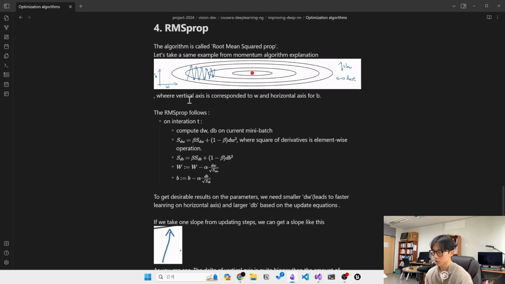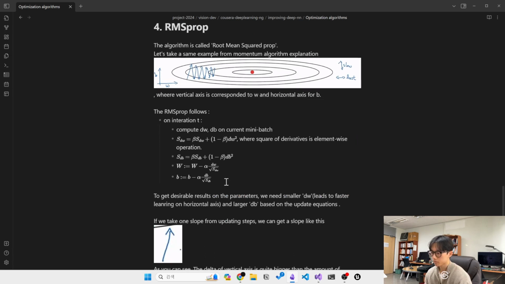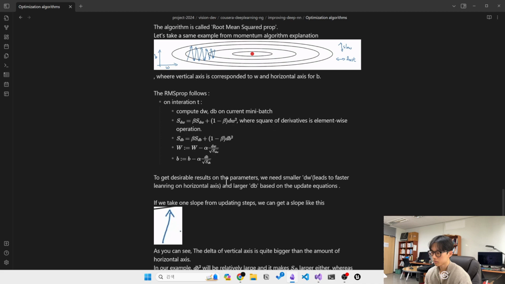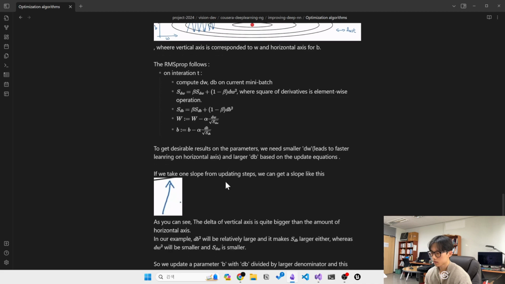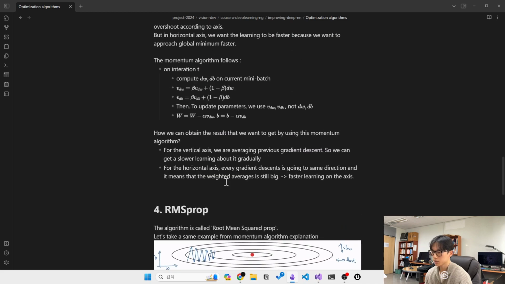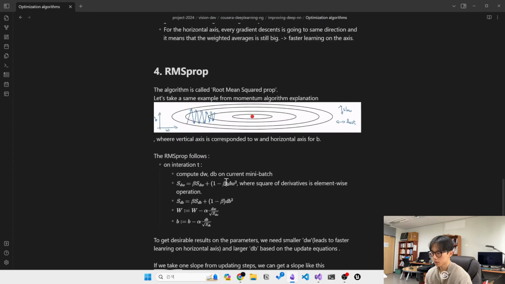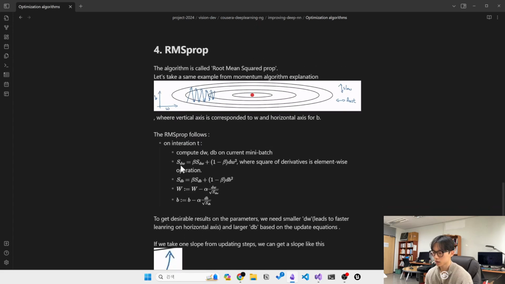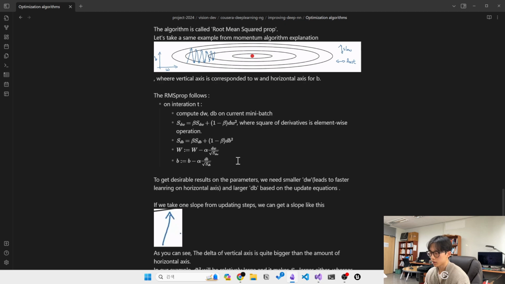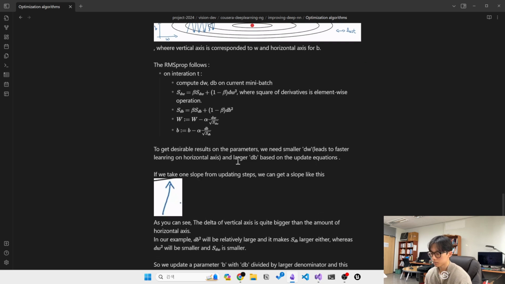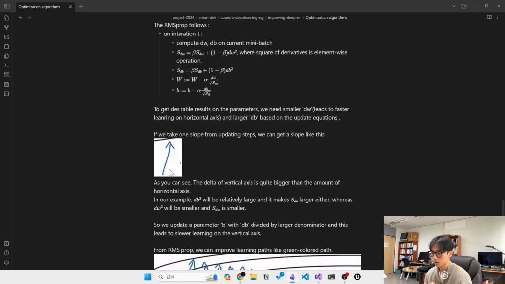Next one is RMSprop. It's quite similar to the momentum method, but we use another notation, S dW and S db, where we use the square of derivatives. For the intuition, let's take the slope.